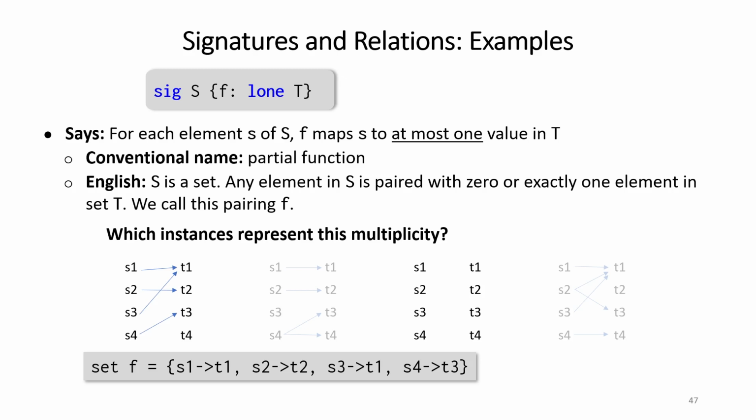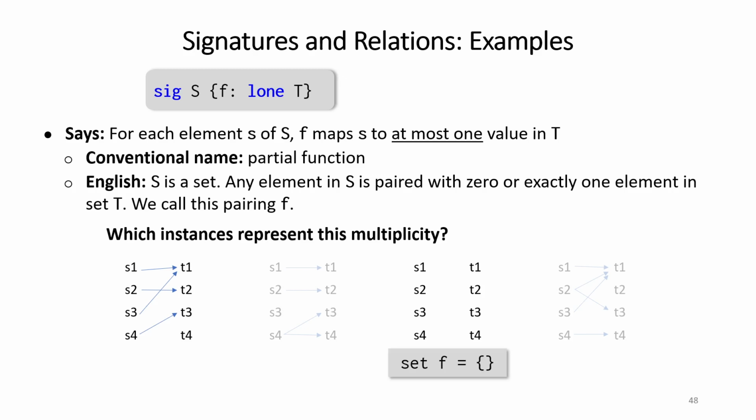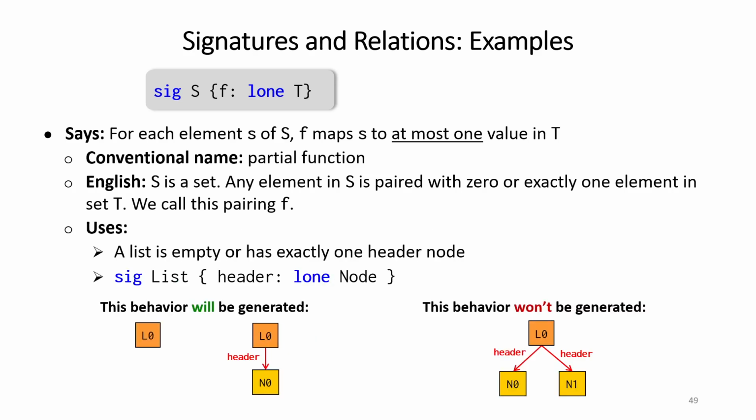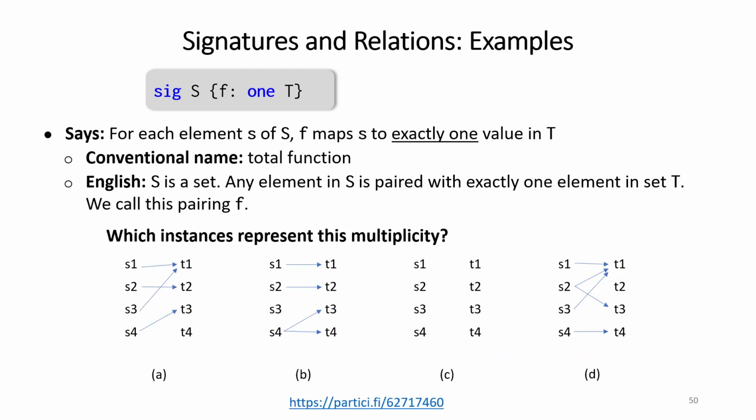It will be empty. Yes, there are no tuples there. The set F here would simply be empty. Okay, so this means that back in our example, stuff like this could be generated, but stuff like this, where a list has two headers, is definitely ruled out by the multiplicity that we put.